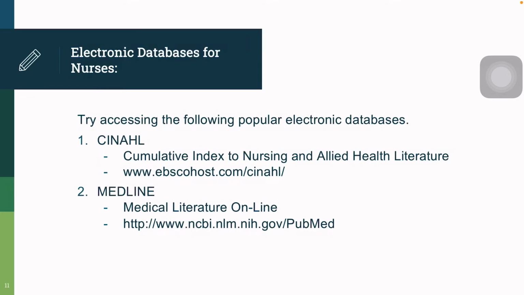Now, there are two common electronic databases for nurses. We have the CINAHL. This is the Cumulative Index to Nursing and Allied Health Literature. You can access this one at www.ebscohost.com/CINAHL. This is an important electronic database for nurses. It covers references to hundreds of nursing and allied health journals, as well as to books and dissertations.